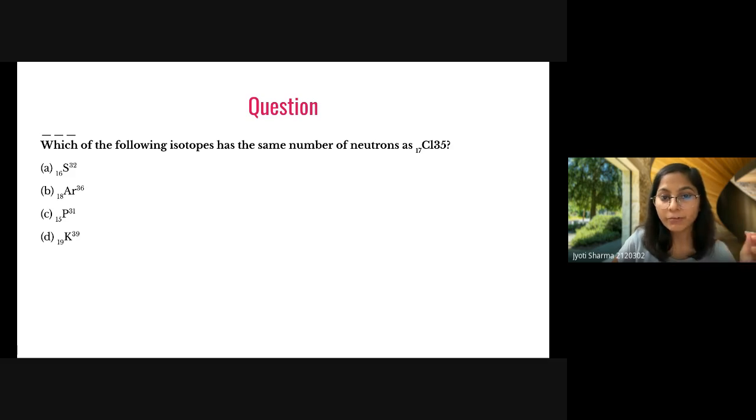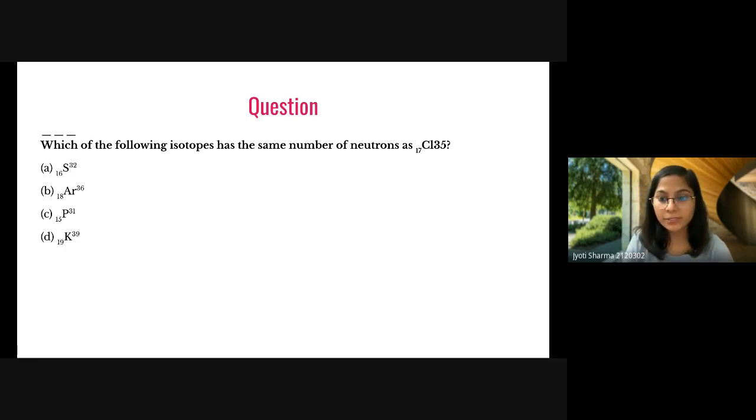For options A, B, C, D, you subtract the proton number from the atomic mass. The atomic mass is written at the top and the atomic number at the bottom. Whenever you subtract, you get the number of neutrons, and you have to see whether it is the same as given in the question.